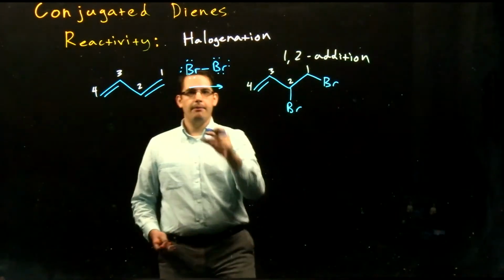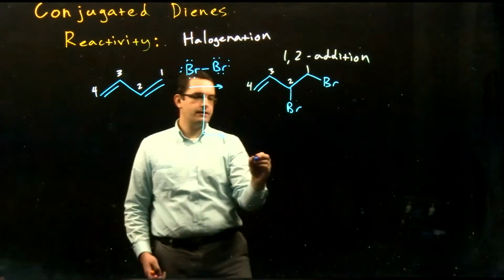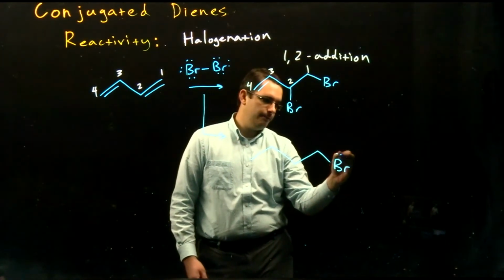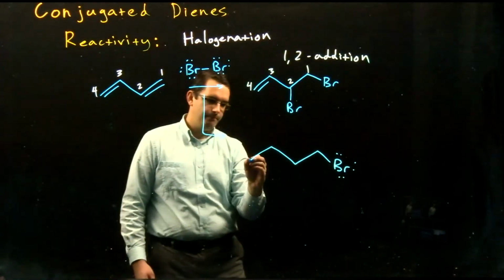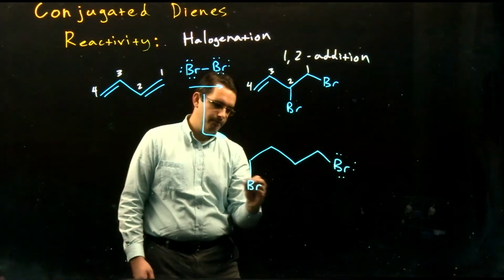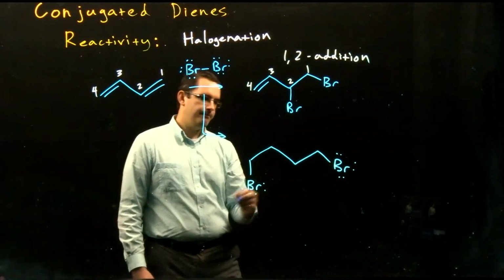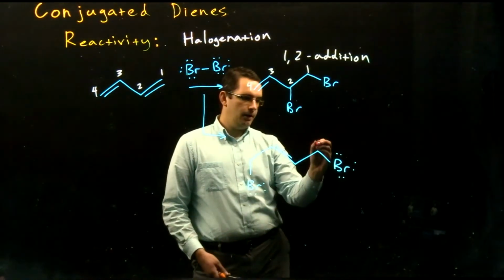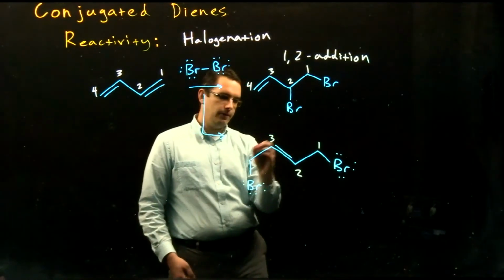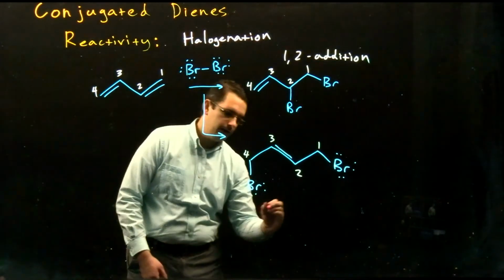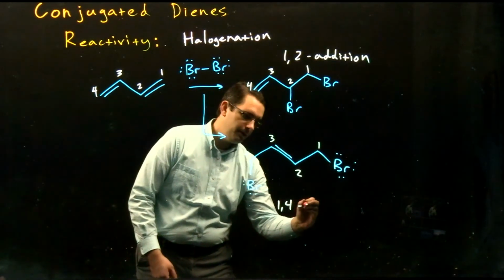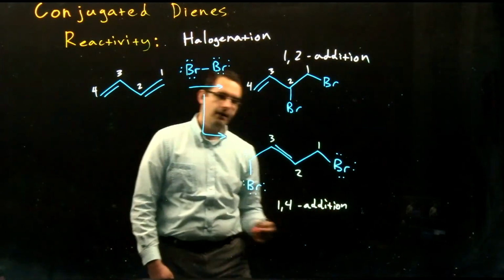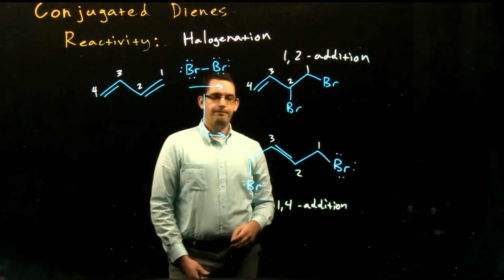Or we can add them to our first and fourth carbon in a 1,4 addition. So we get our double bond in the middle. And again, of course, as we label our carbons, we can clearly see that our 2 bromines are added on at either end of our carbon chain at that first and fourth position.